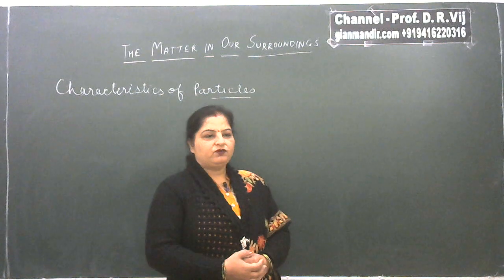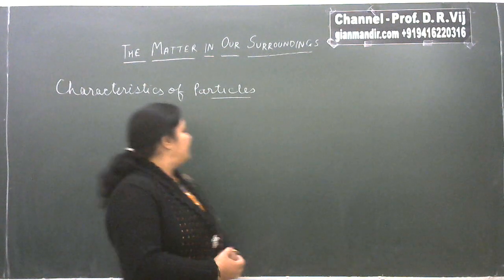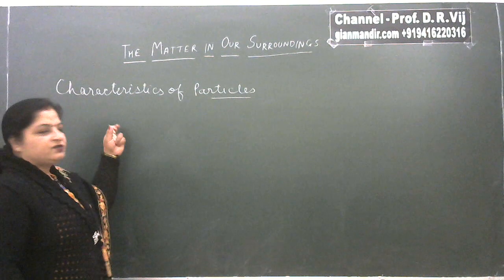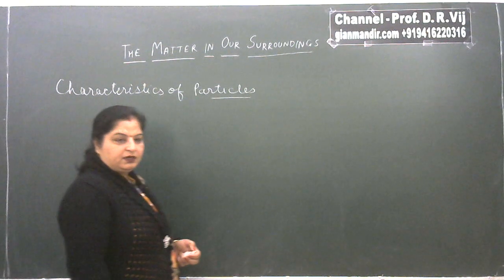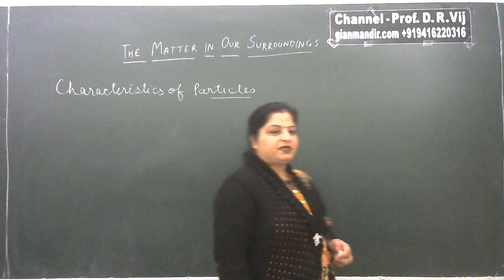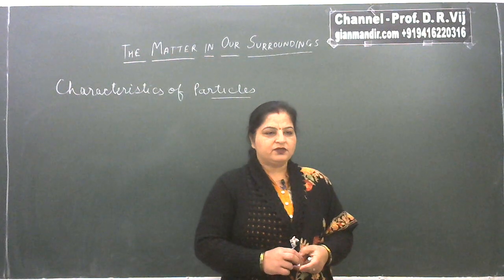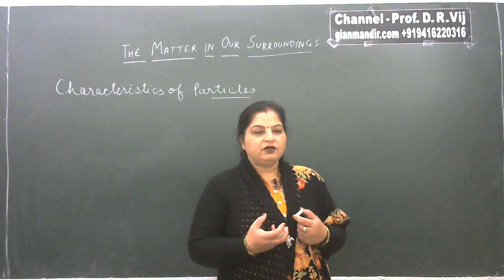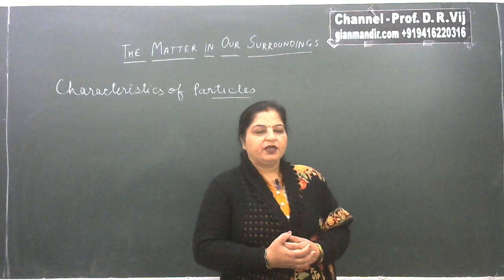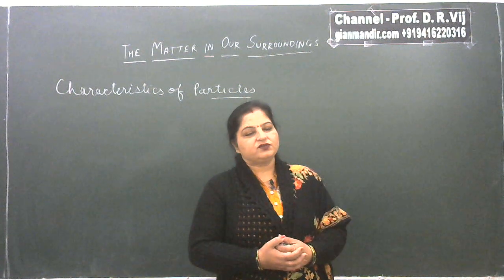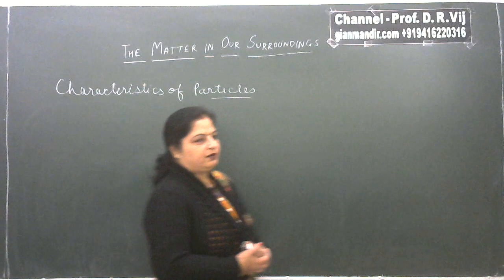So today we are going to discuss the characteristics of particles of matter. We have seen that all matter is particulate, made up of particles, and now we are very curious to know what the characteristics of these particles of matter are.